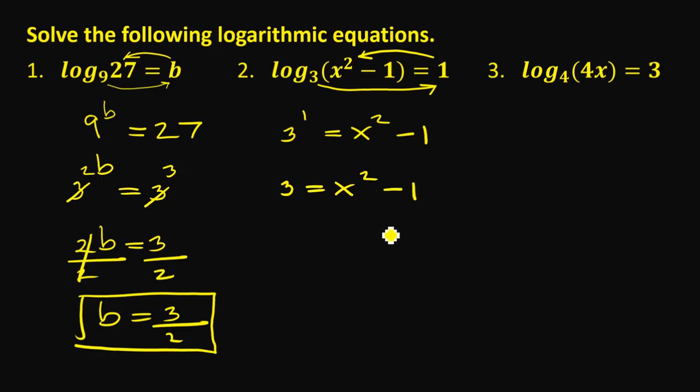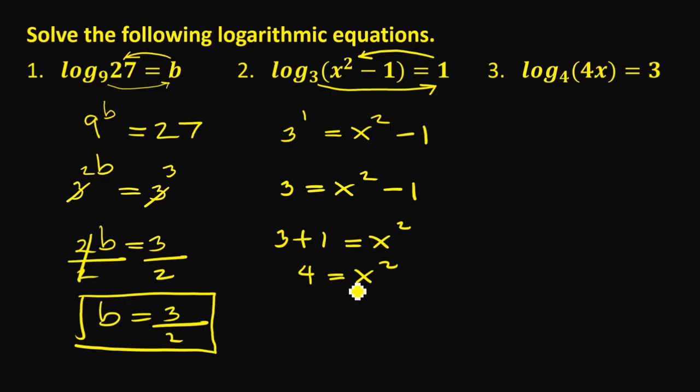Isolate the variables from the numbers, so we're going to transfer negative 1 to the left side. Therefore, 3 plus 1 equals x squared. 3 plus 1 is 4, equals x squared.